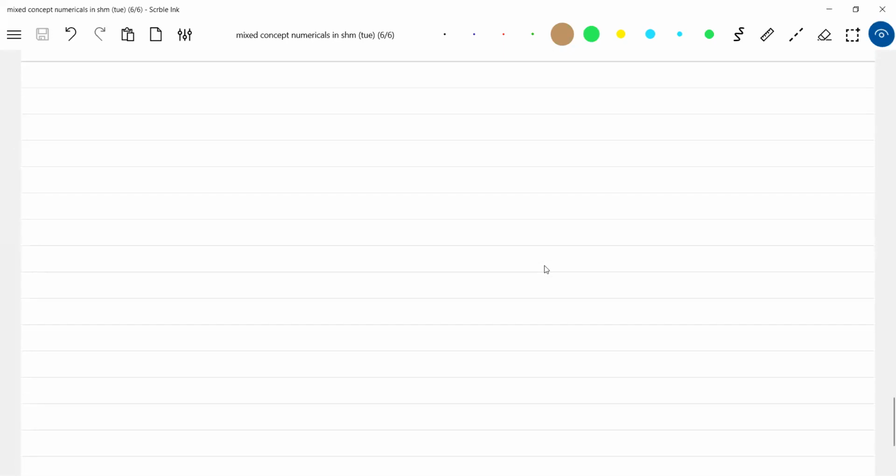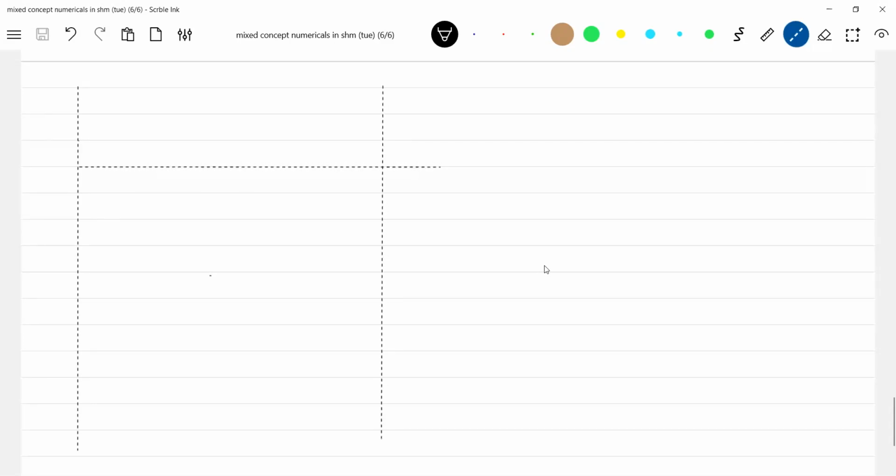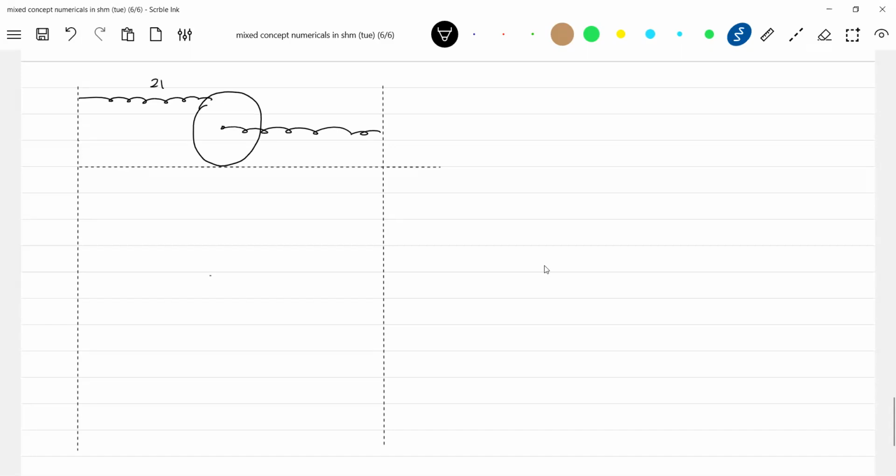Now if we have a situation like this, with springs 2K and K, and these are rough surfaces and walls, we have to find the time period of oscillation.